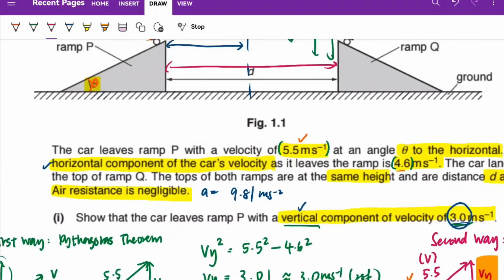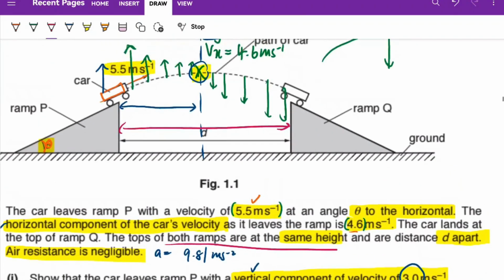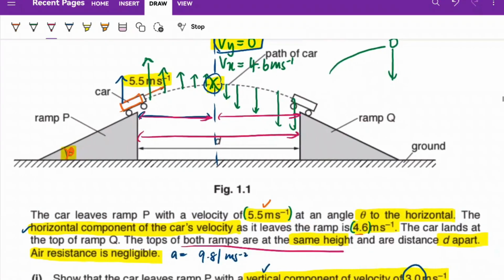Because they did say both ramps are the same height. That's why I can safely divide them and say these two have the same time. Let's put it as T1. After I find this time, to find the entire time, I just take T1 multiplied by 2. Okay, so let's find one side.